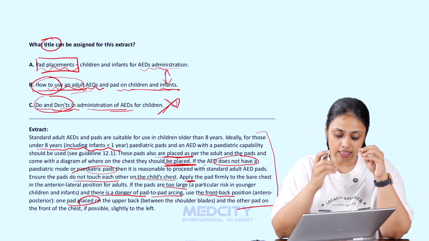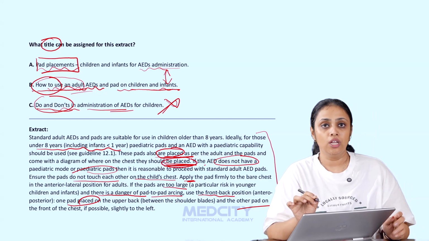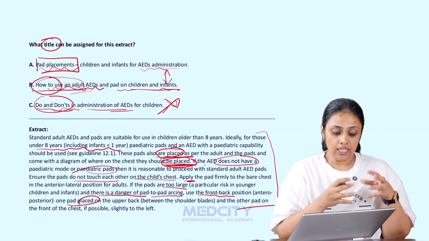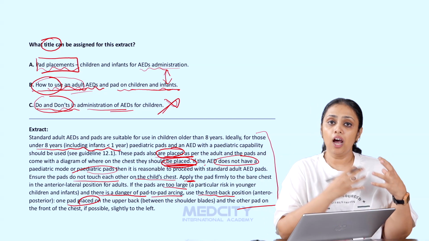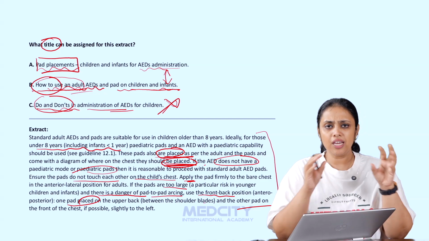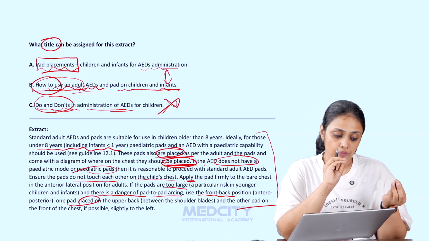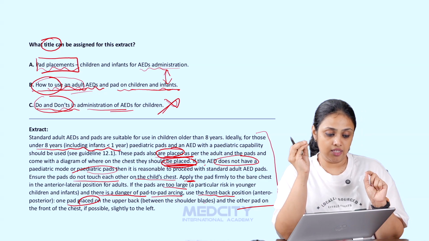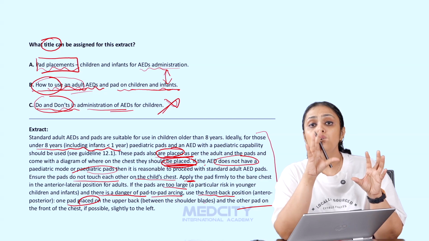No, they have not extended to any other idea. Very specifically throughout the text they have mentioned how to place the pads alone. If it is a child, then one pad has to be placed in front and one at the back, between the shoulder blades. So it very specifically talks about the placement of the pads in case of children and infants. That is, if you are using an adult AED for a child or infant, how to place the pads.